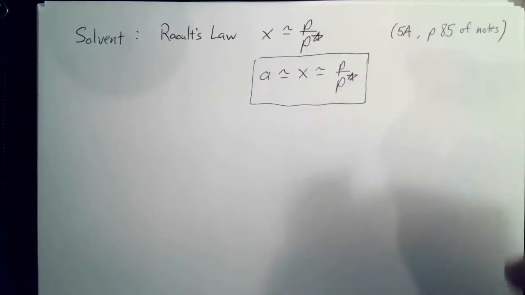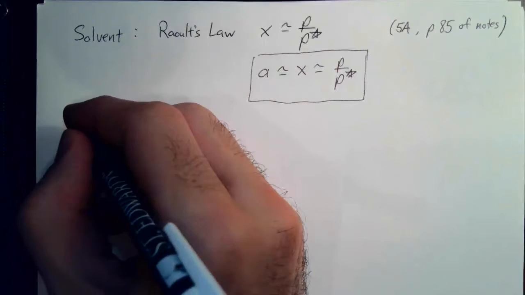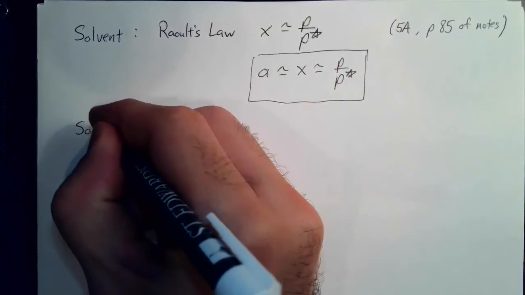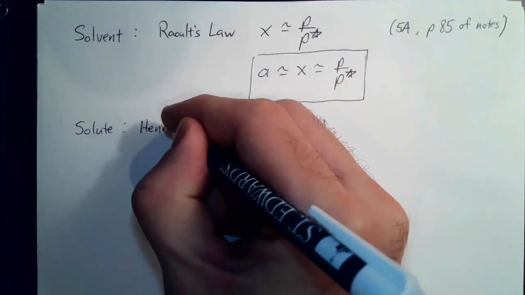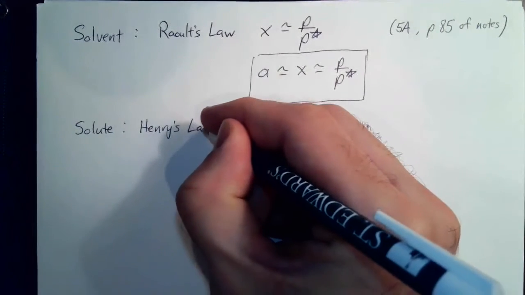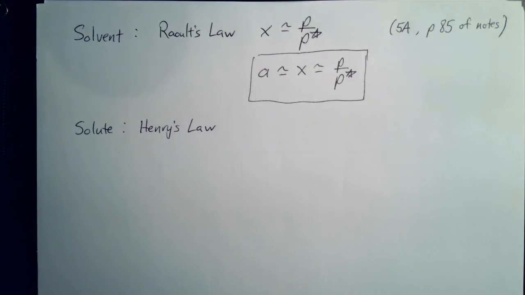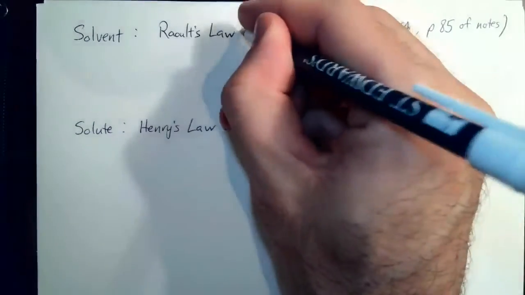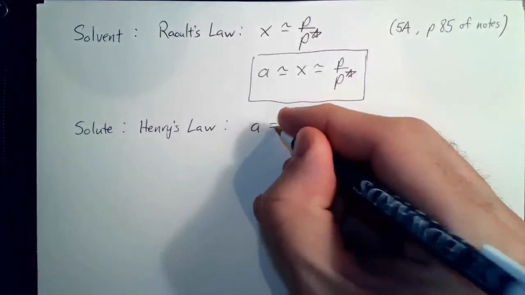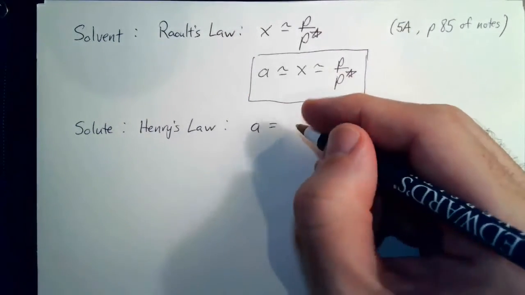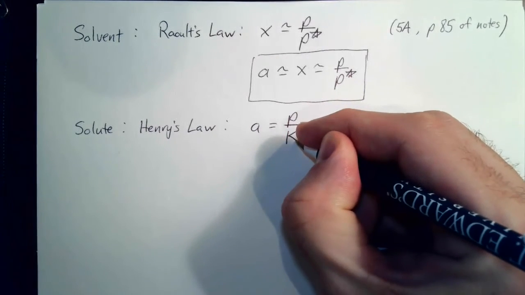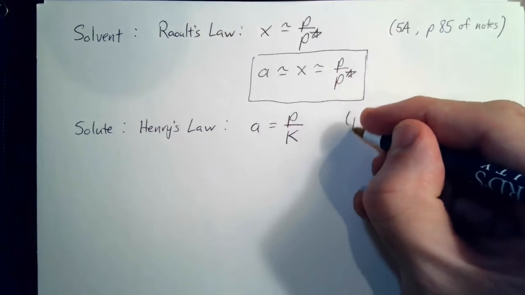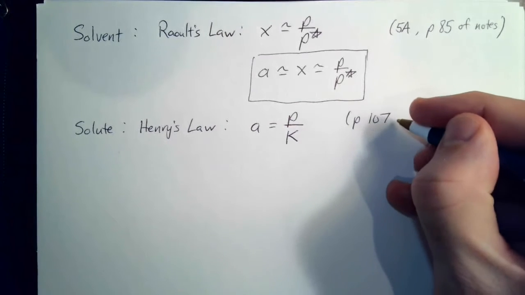And then for a solute, we saw that in the ideal case they obey Henry's law. And Henry's law says A is equal to P over Henry's constant. You can find that on page 107 of the notes.